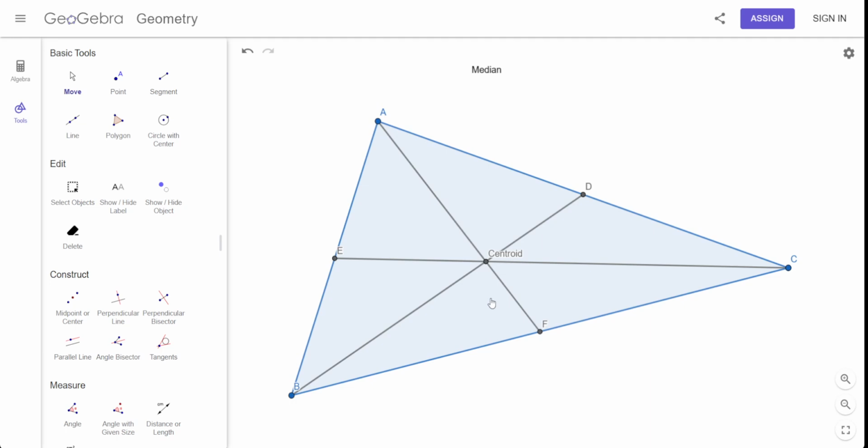We took the median of all three, I guess you could say angles or vertices or sides. I'm not sure how you would say it. But anyway, you go from a vertex to the midpoint of the opposite side. Okay? That's called the median. So that whole line from B to D, that's a median. From A to F, that's a median. From C to E, that's a median. Okay? And if you do that, they all intersect each other at the same point called the what?